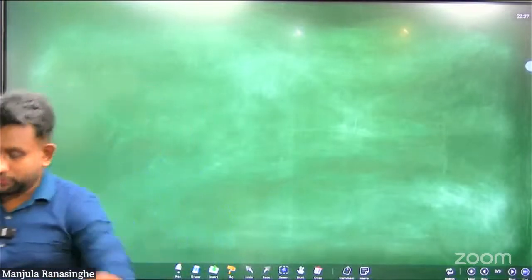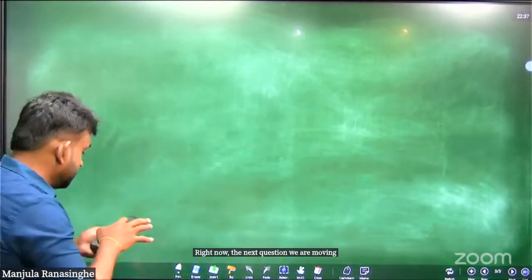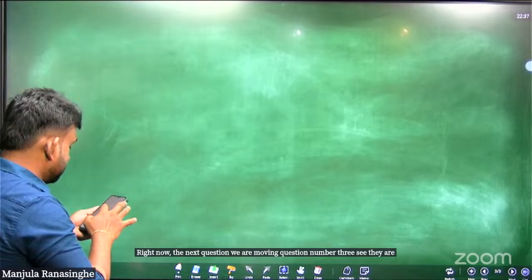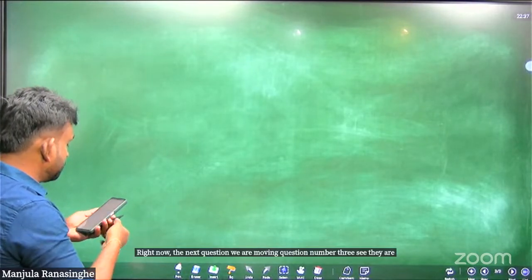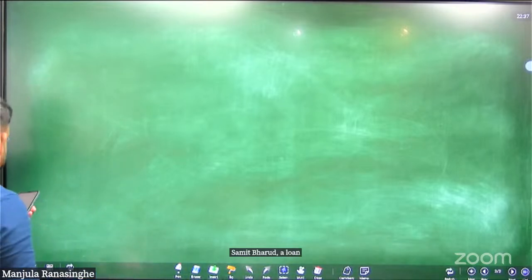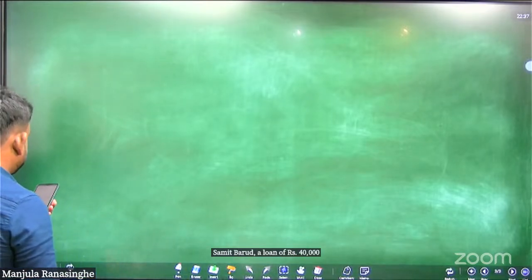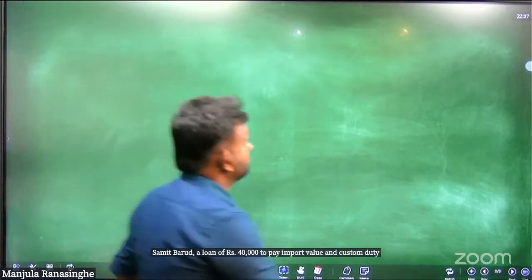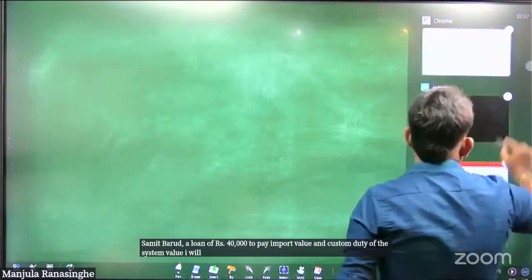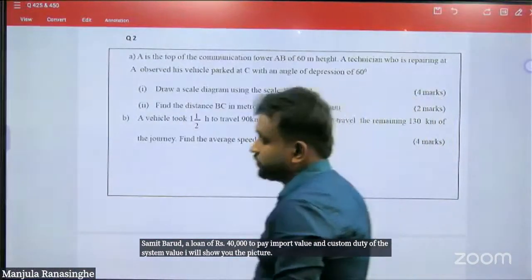Right, now the next question we are moving, question number 3. See there, Samit borrowed a loan of rupees 40,000 to pay import value and custom duty of the system value. I will show you the question. Right, this is the question.